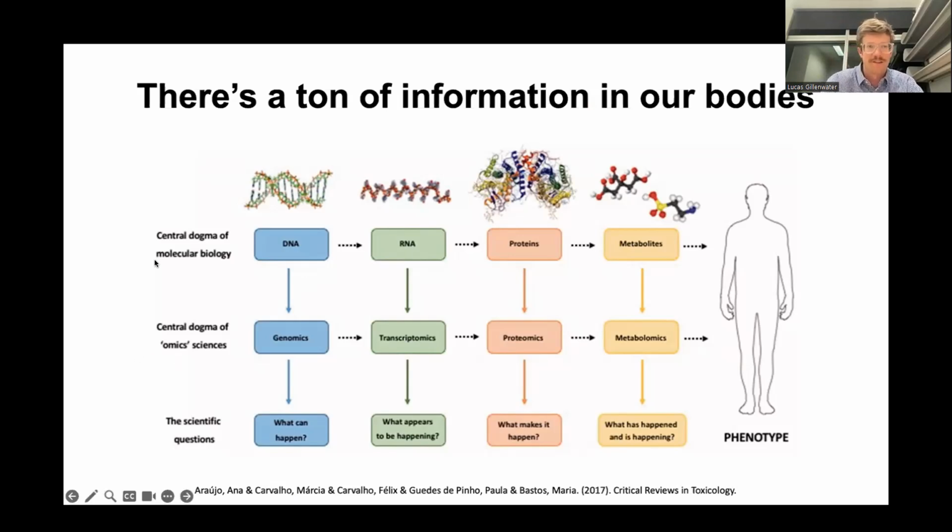So the central dogma of molecular biology is that information flows from DNA, through transcription, into RNA. And then these RNA pieces are translated into proteins. And then these proteins are going to interact with different small molecules in our bodies known as metabolites.